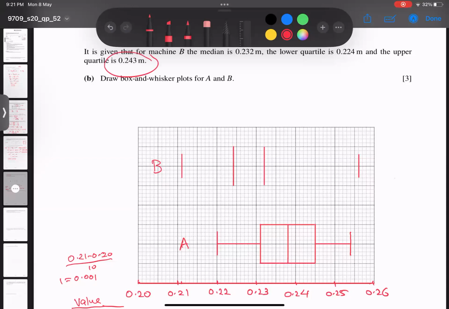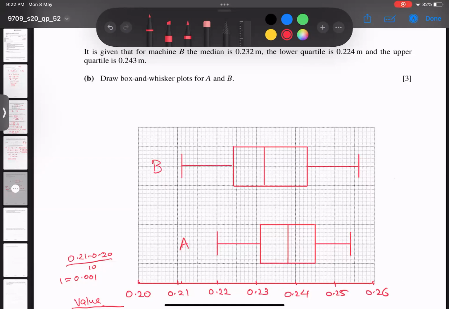Now the upper quartile is 2, 4, 3. 24 is here and 3 boxes ahead. Now I'm going to make it finally and join from the middle. I believe you understood well.